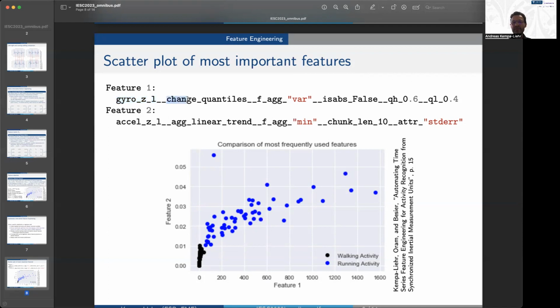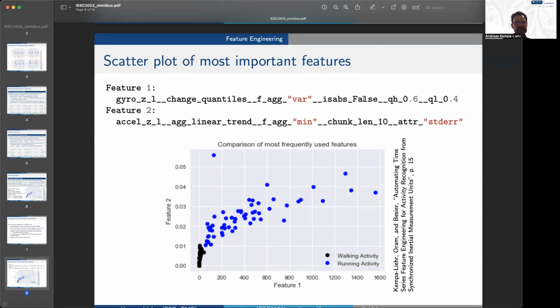The function which has been used to compute this feature is called change quantiles. This is basically computing the conditional dynamics. Then we have four parameters which have been used to parameterize that specific function. We don't have the time to really look into the interpretation of this, but it basically means that we try to estimate the next change of our time series if we are in a specific point in the state space, right?